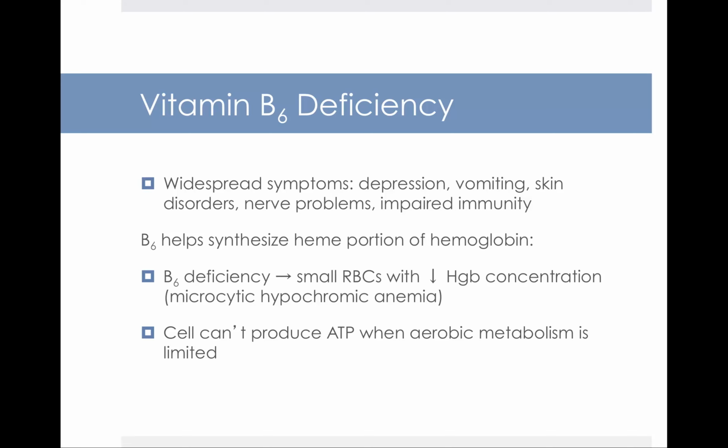So microcytic means small-celled, hypochromic means light in color. Your cells can't produce ATP if the aerobic metabolism is limited. So B6 deficiency, again, is called microcytic hypochromic anemia. And the symptoms are neurological in nature.